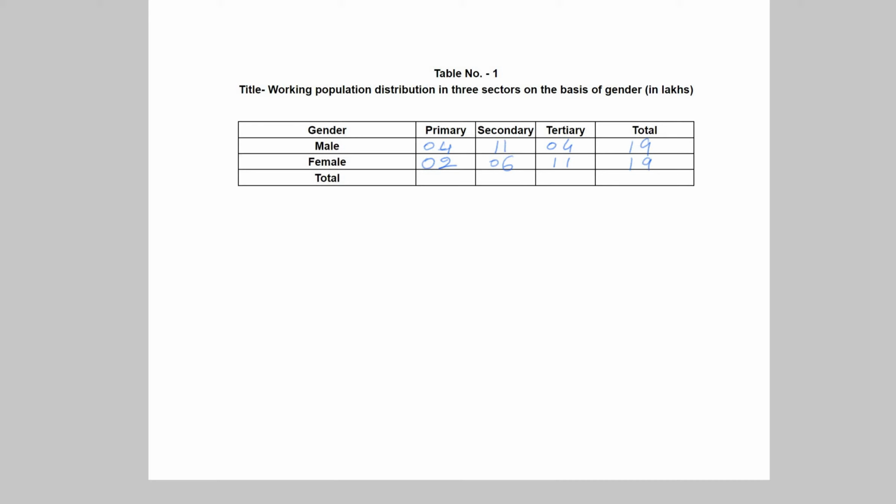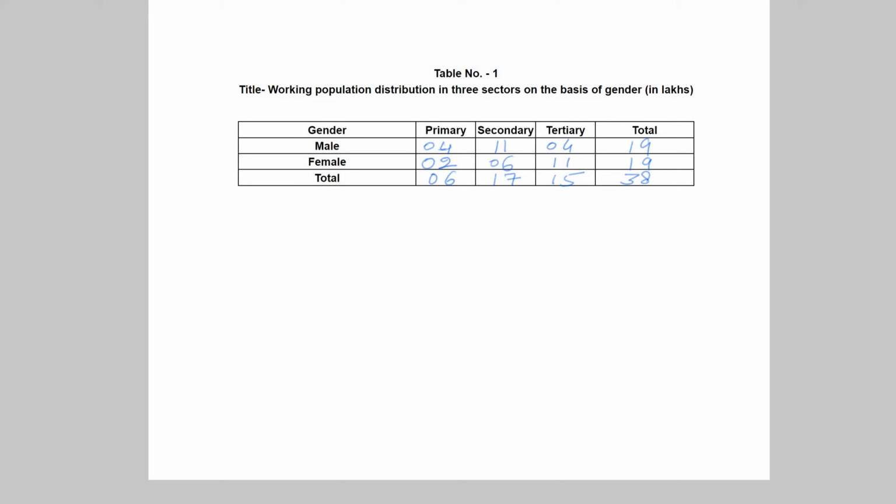If we total it vertically, then we get 6 lakh people working in the primary sector. Then in the secondary sector there are 17 lakh people working, and in the tertiary sector there are 15 lakh people working, and in totality there are 38 lakh people who are working, including male and female.